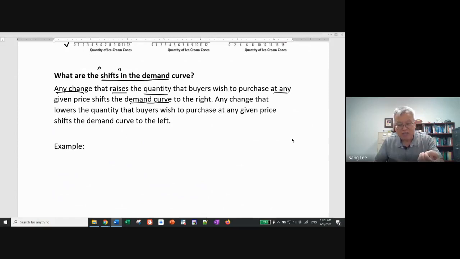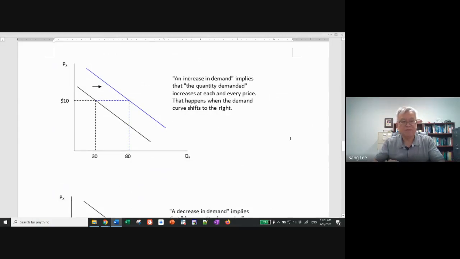If there is a change that causes buyers to buy less than before at any given price, then there will be a shift of the demand curve to the left. So we're going to talk about this. Look at this graph.